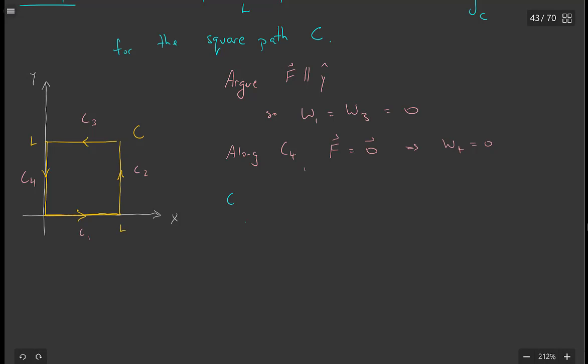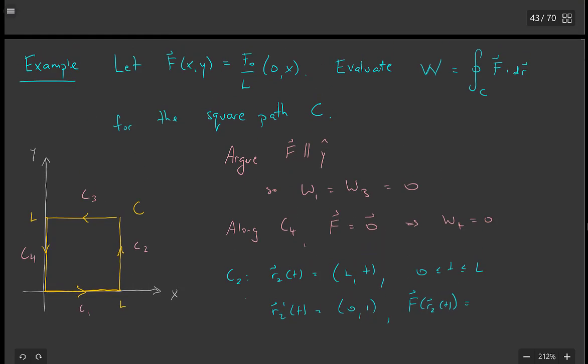And so that means parameterizing C2, which we could do quickly here and say this is equal to (L, t), and it runs from 0 to L. Then we find our velocity, which is just (0, 1), and we evaluate our force along that leg.